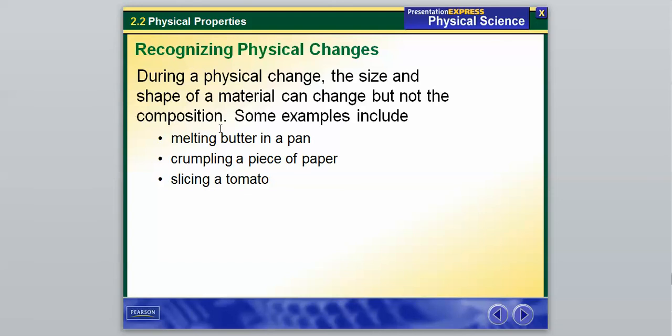Crumpling a piece of paper, we've changed the density a little bit. We've made it more dense, but that paper is still the same on a chemical level. And then slicing a tomato. We can go from one piece to multiple pieces, but we still have not changed the chemical composition of that tomato. We'll probably do a little more practice recognizing the difference between physical changes when we get into our next section about chemical changes.